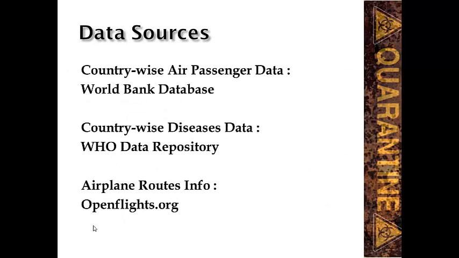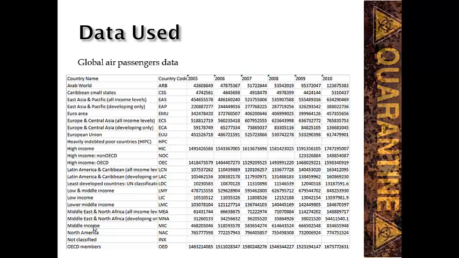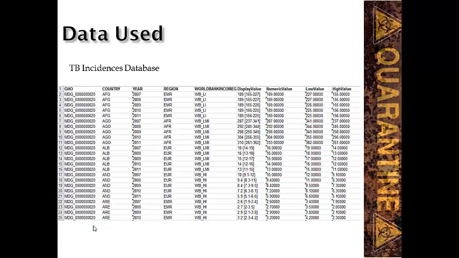For the purpose of this project, I have used several data sources. These are some samples from the database collection I have. So this is the global air passengers data. It basically shows the country-wise air traffic across the years 2005 to 2010. The next database I have is the TB incidences database.